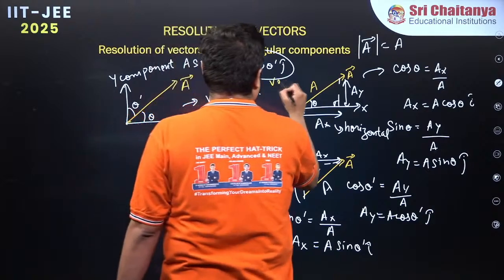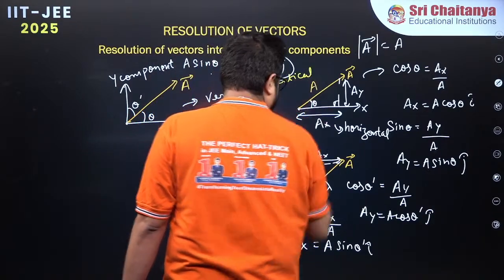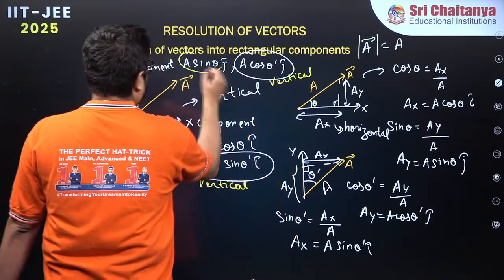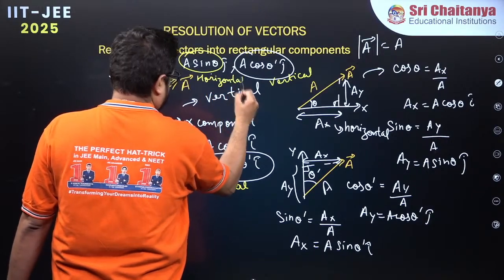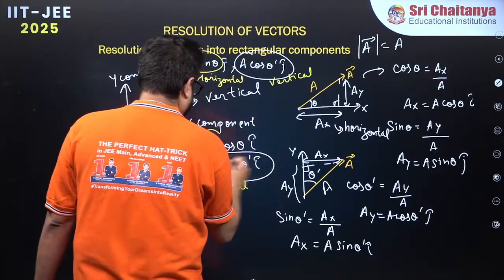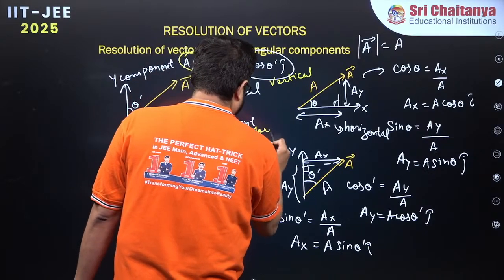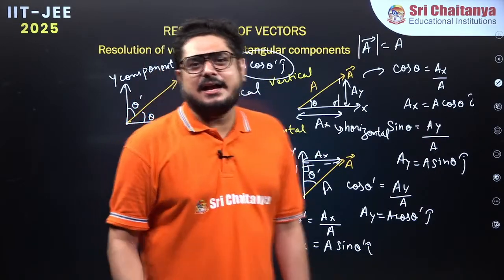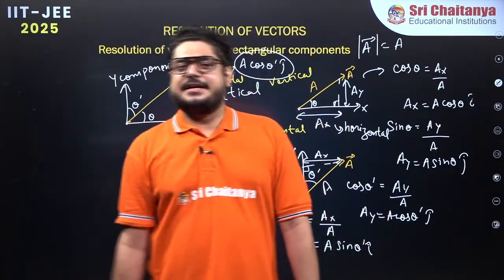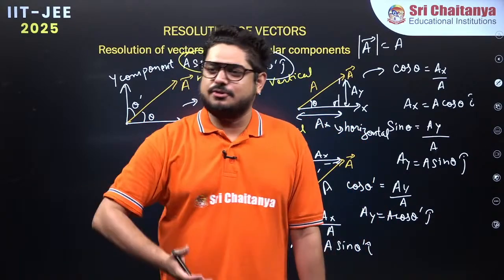This is with respect to the vertical, and these you are getting with respect to the horizontal. The angle which the vectors make with respect to the horizontal or the vertical.